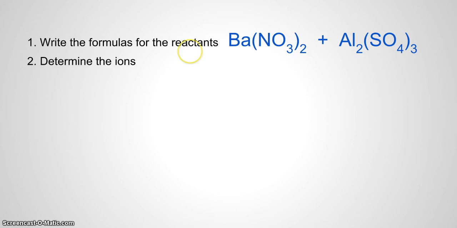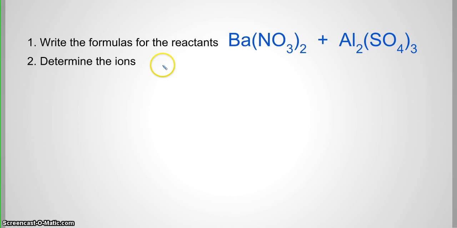So if we look at what we just had, we want to list out our ions again. Ba was a +2, nitrate -1, aluminum +3, and sulfate -2. So now this is going to help us figure out which things replace each other and what is going to bond with what to make our two new products.